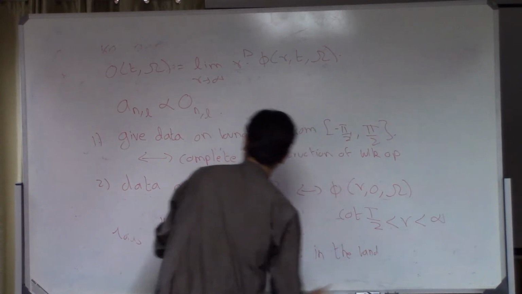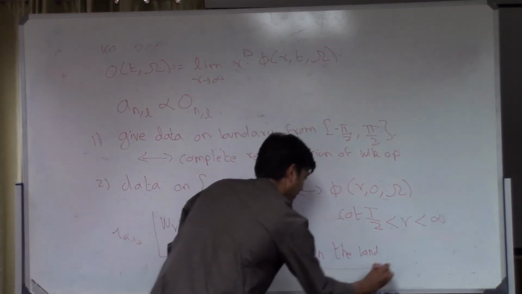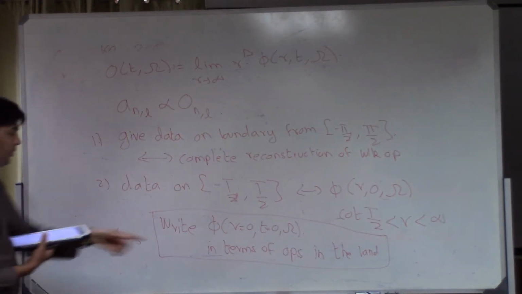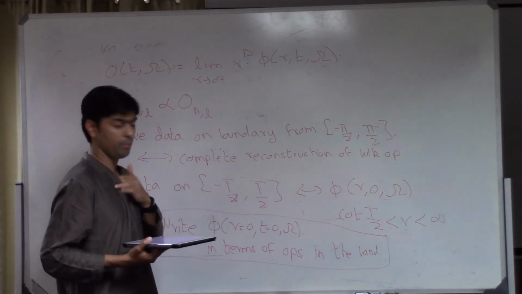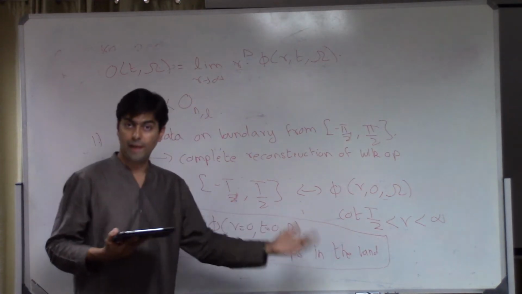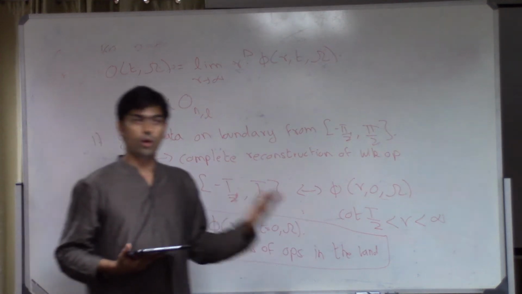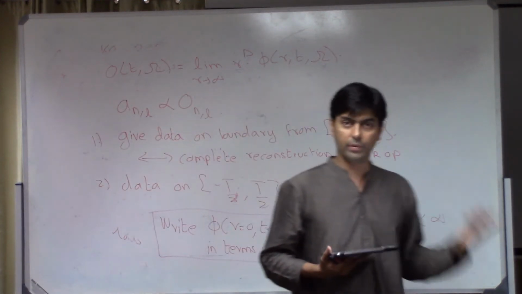So this is the objective of the talk. And we'll see that this phi at r equal to 0 is a very complicated polynomial of operators that live on the band. And that will give us an explicit example of the complementarity proposal that I mentioned previously. Okay?